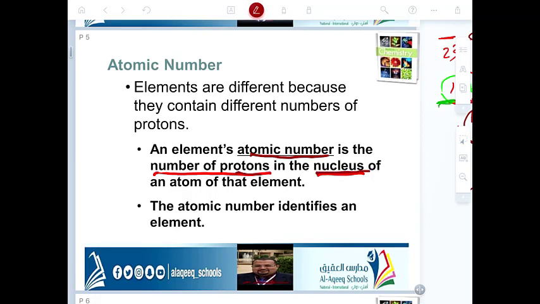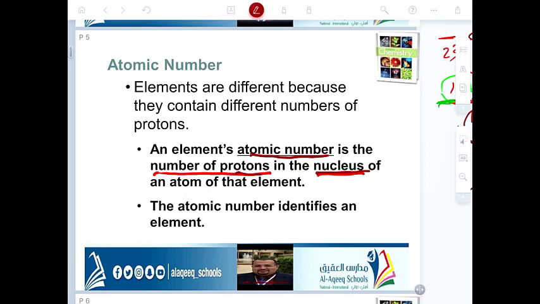Don't say and it's number of electrons as well. Although it's a number of electrons, yes, but as we will study inshallah, you will know that number of electrons can be varied because the atom can lose electron or more or gain electron or more to become a positive ion or negative ion.